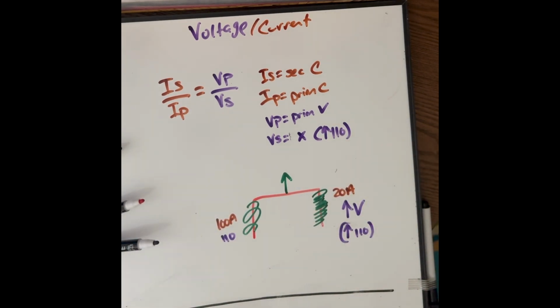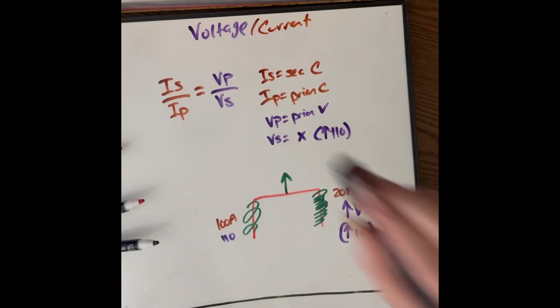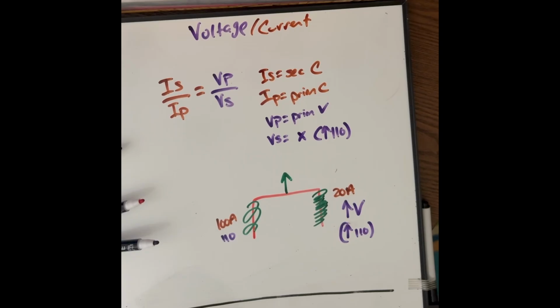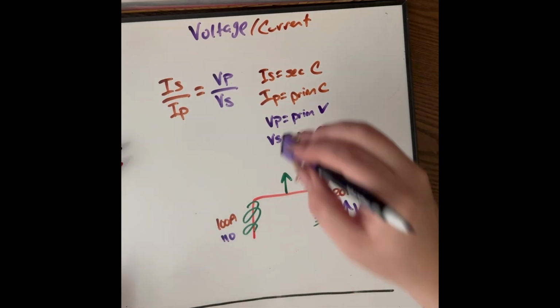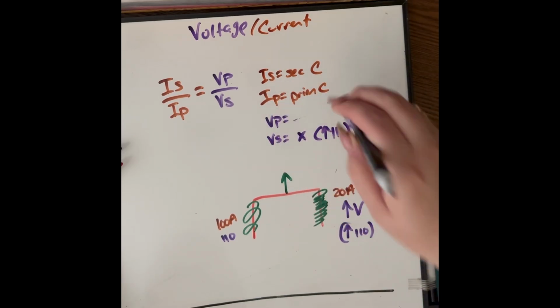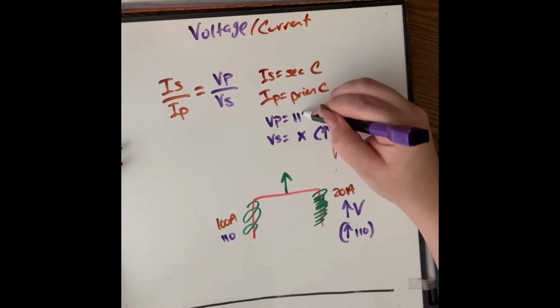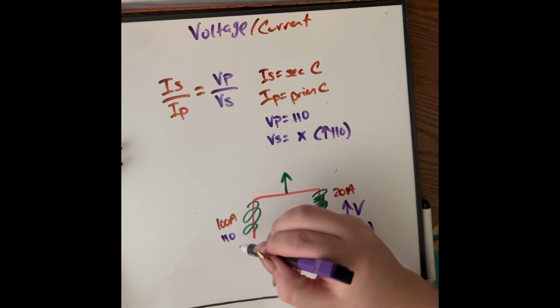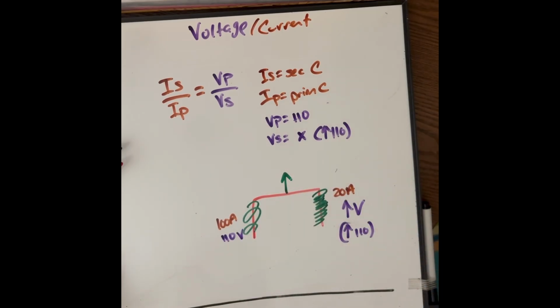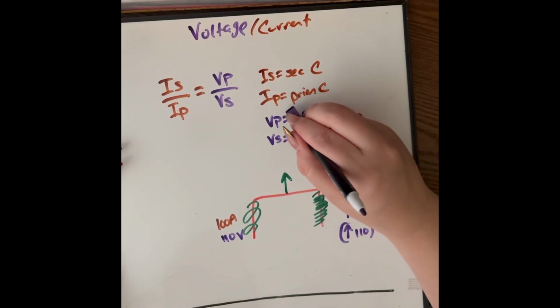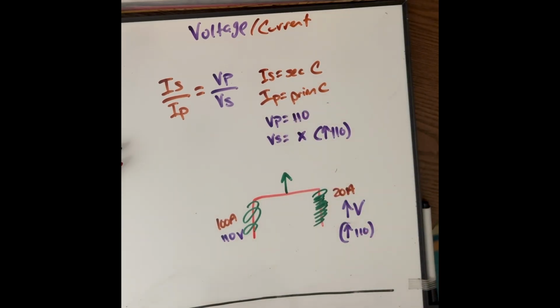So what is the output voltage, which is what we're solving for, X right there. If the input voltage is 110, so our primary voltage is 110, and even when I draw it out, I write that stuff. I write, okay, it was 110 here, and I'm looking for a number that's higher than 110 over there.